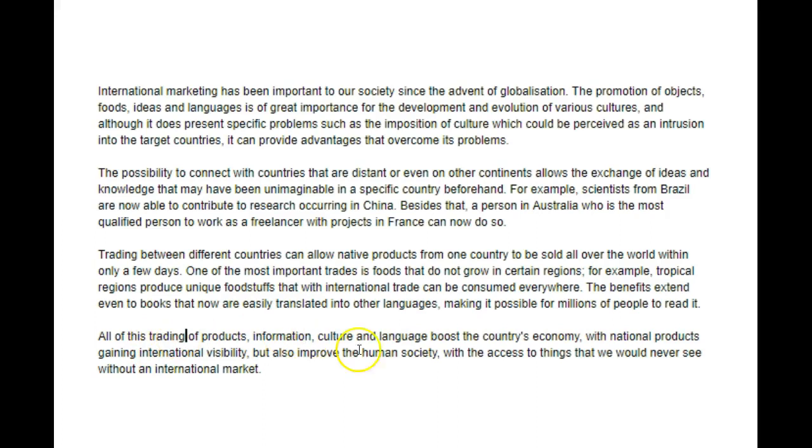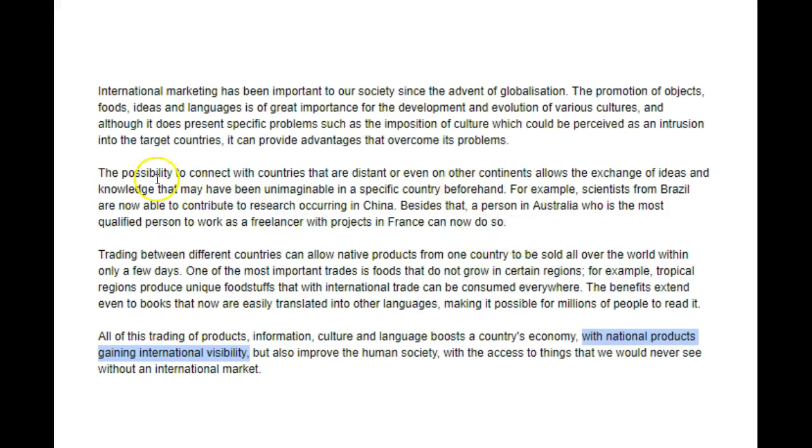All of this trading of products, information, culture, and language boosts a country's economy, with national products gaining international visibility. See, this is a very good point to talk about international marketing with. But if you want to raise a point, you must do it in the body of your essay fully. So when we have a consistent essay, in the intro, we talk about the question, we give our opinion, and we briefly outline the ideas that we will use in the body of our essay.